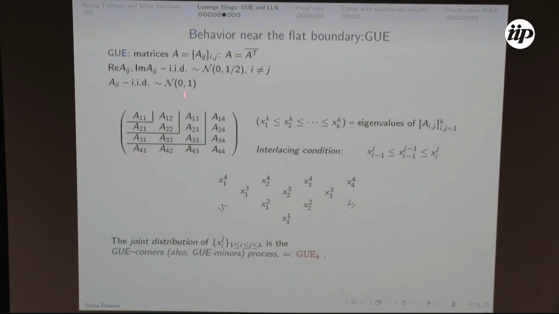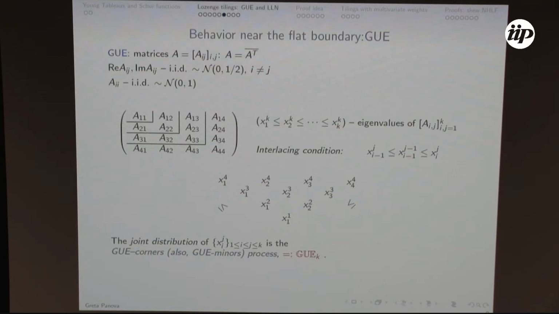We take a matrix from the Gaussian unitary ensemble, and we consider all the principal submatrices which are contiguous, comprising contiguous rows and columns starting from the top to some place here.